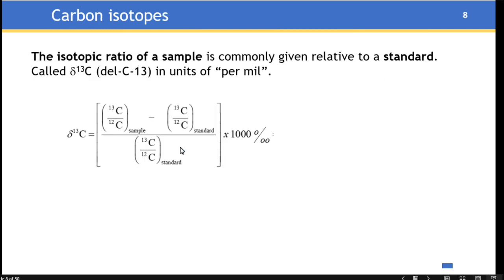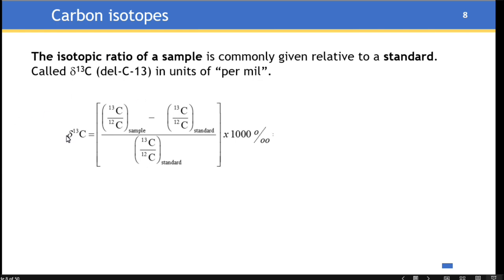Analyzing these by their carbon isotopes is a very powerful tool for the planetary scientists, for enzymologists, for chemists around the world. Biologists use isotopic ratios as well. The most common way that these are reported is as what's called the del C13, and that is a ratio that reports the isotopic ratio relative to a standard.